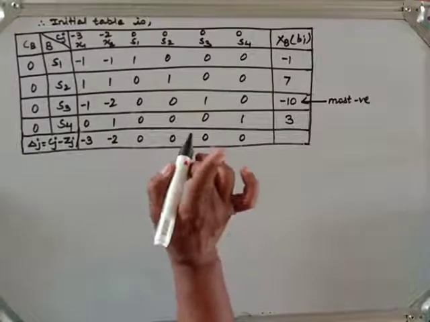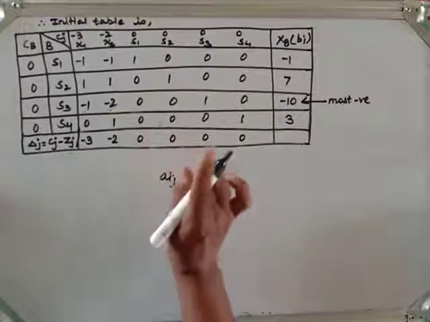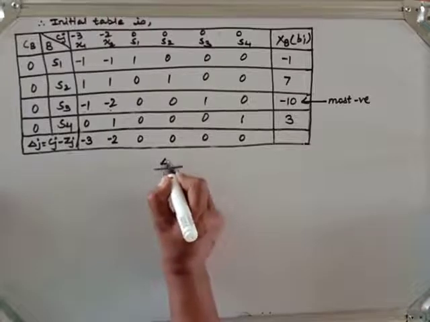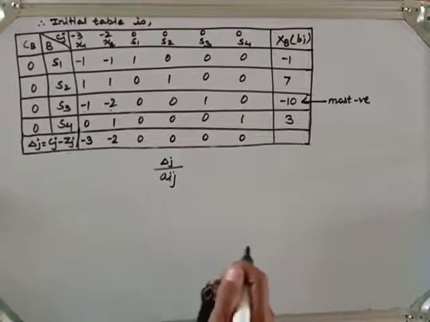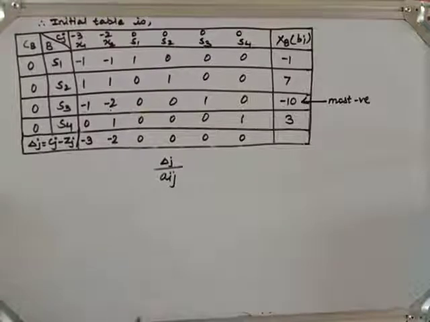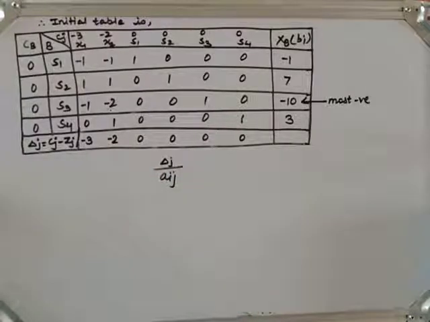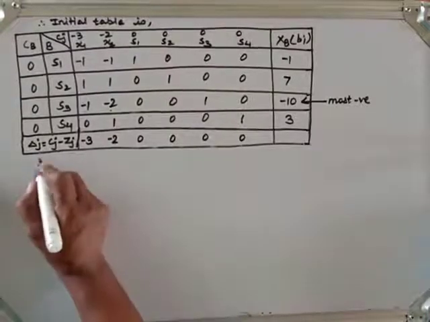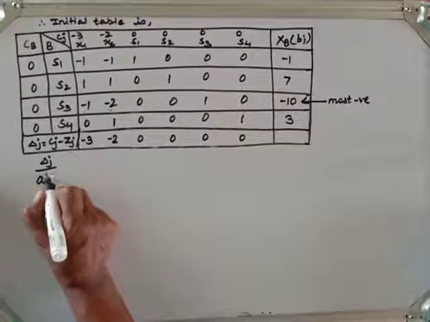But if at least one entry is negative, and here two entries are negative, then we need to find del j upon aij, and that gives us the pivot column. The smallest ratio will give us the pivot column, and due to that we get a pivot element.